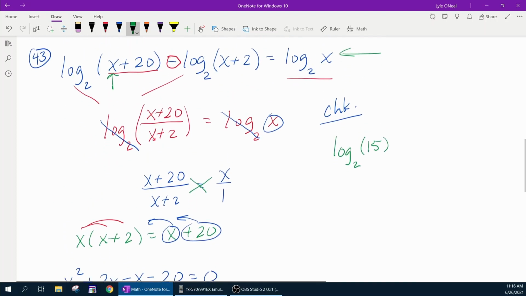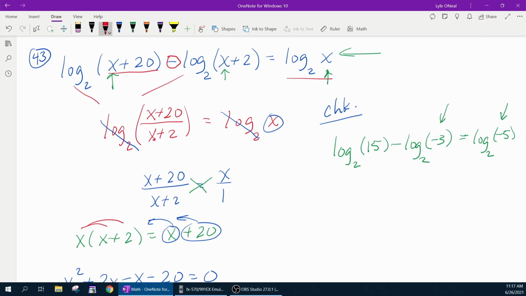So plugging the -5 back in, -5 plus 20 gives me log base 2 of 15, minus log base 2 of -5 plus 2 is -3. Now that is a red flag. Equals log base 2 of, remember, every x gets replaced with -5. Whoops, and again, that is a red flag.